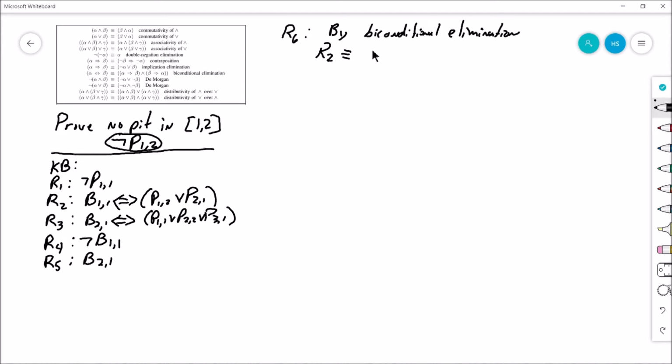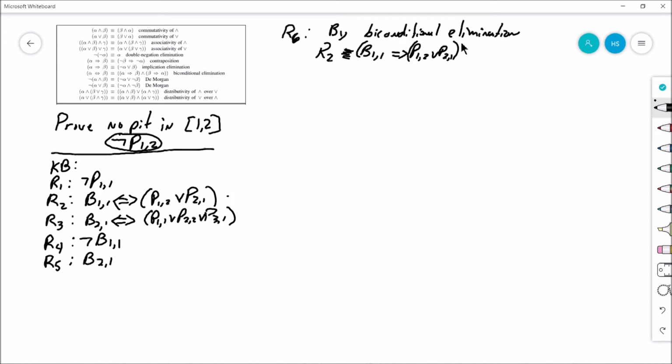So I can rewrite that sentence and come up with a new sentence called R6. Sentence R2 is logically equivalent to B11 implies P12 or P21.